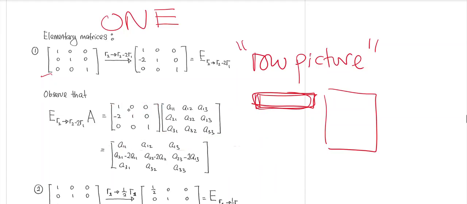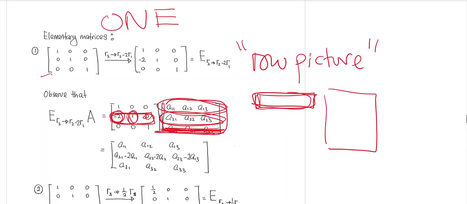Now the second row: you take -2 multiplying the entire first row, and then plus 1 multiplying the second row, and then plus 0 multiplying the third row, which means we're not going to care about the third row. So the end result is that you are taking -2 of the entire first row plus the second row. So this is what you get. This is the so-called row picture.